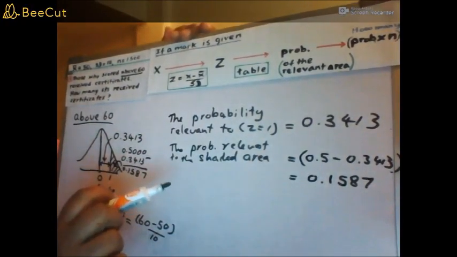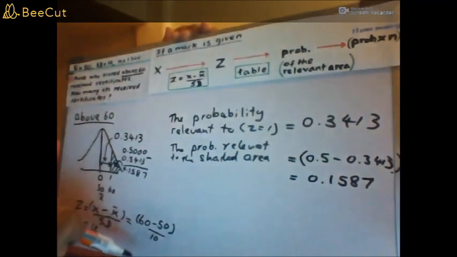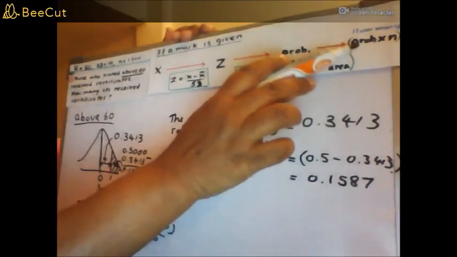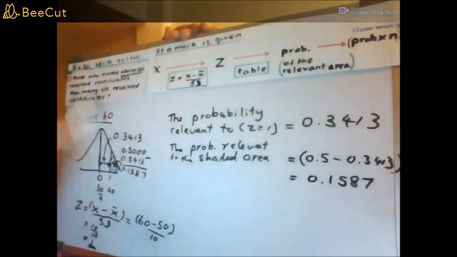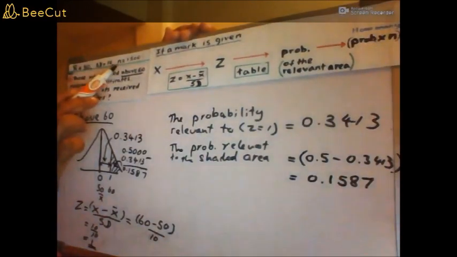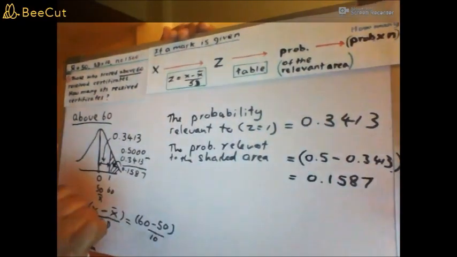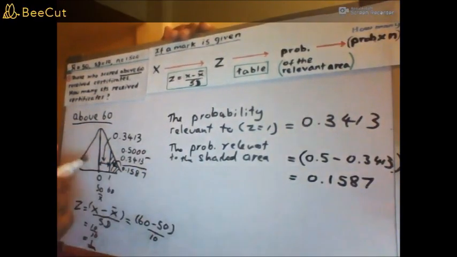So what's the next step? We have to find the number of students who received certificates. So what do you have to do? We have to multiply the probability by the number of students. What's the total number of students? 1500. I told you these probabilities are percentages of students, right? So we can find the students here.